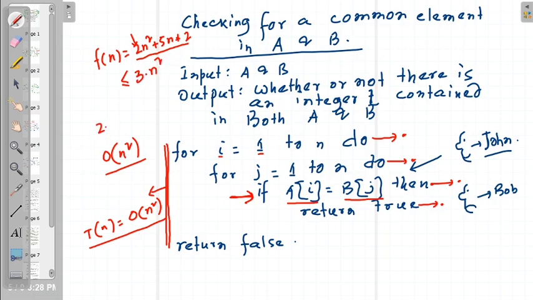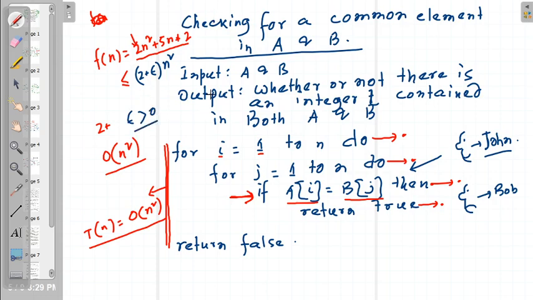If I write instead of 2, 2 plus epsilon times n square, with epsilon greater than 0, then also this will be satisfied.